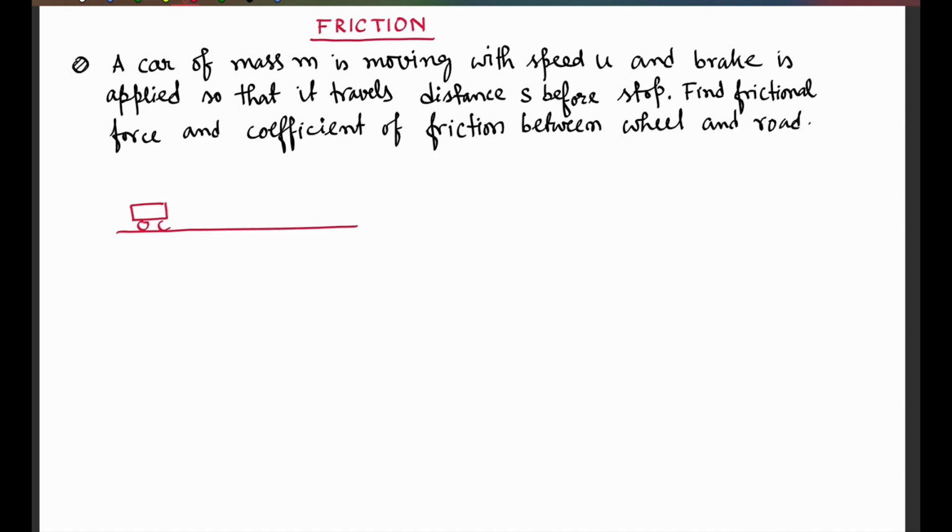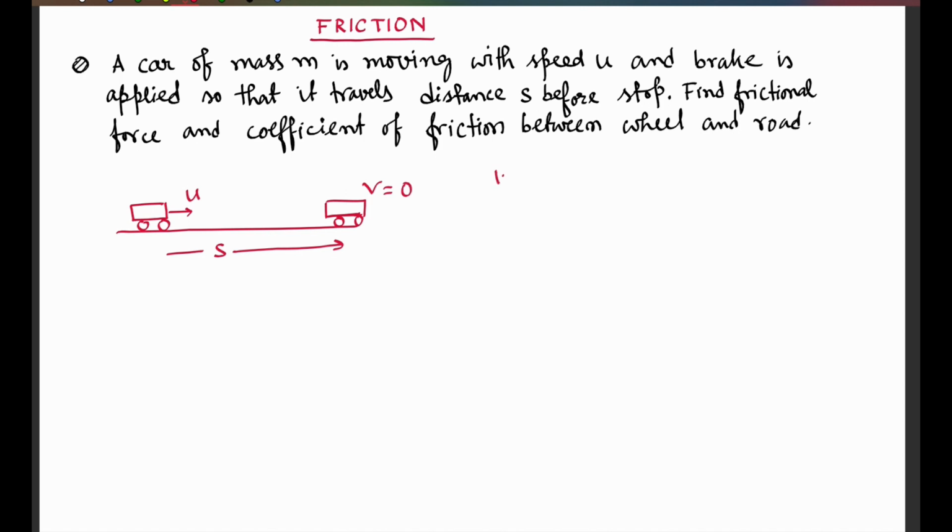Suppose this is a car. This car is moving with speed u and after traveling a distance s, the speed of the car becomes 0. That means v is equal to 0.